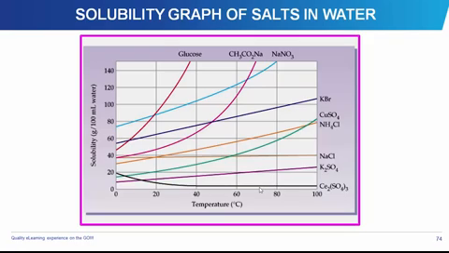For example, let's take copper sulfate hexahydrate. At room temperature, let's say 25 degrees Celsius, it can only be accommodated in water up to about 22 grams in 100 milliliters of water.